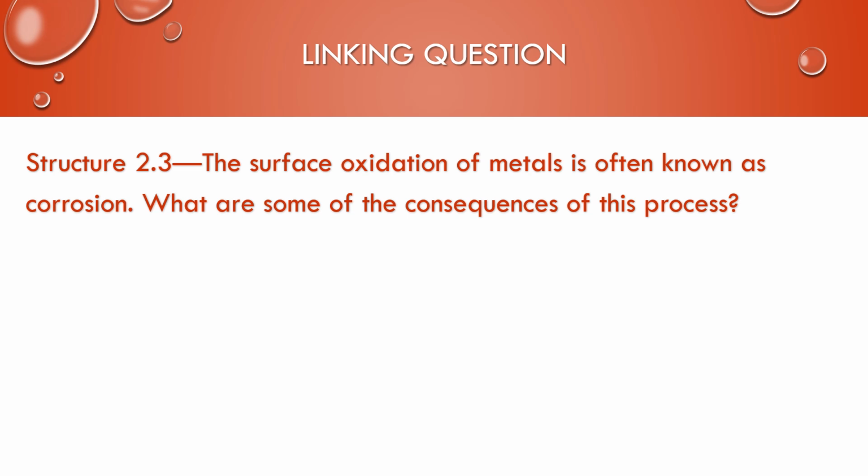Okay, so then the surface oxidation of metals is known as corrosion. Sometimes we can call that rusting. What are some of the consequences of this process? So if you have something like iron undergoing corrosion, it produces rust, which is Fe2O3, which can become very brittle. It's an ionic compound. It can dissolve the metal, basically, and reduce the structural integrity of your metal object.